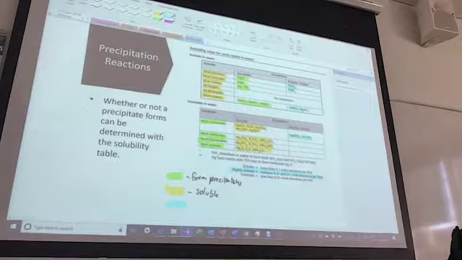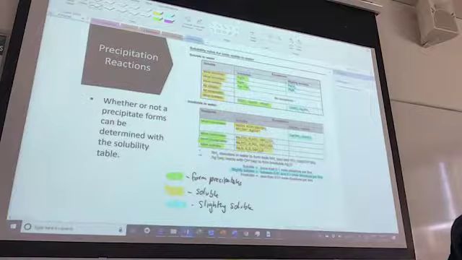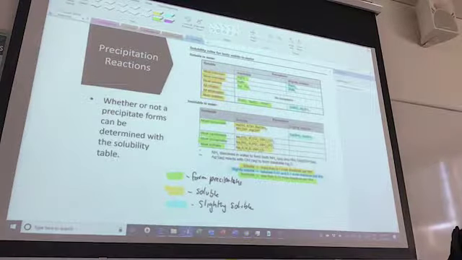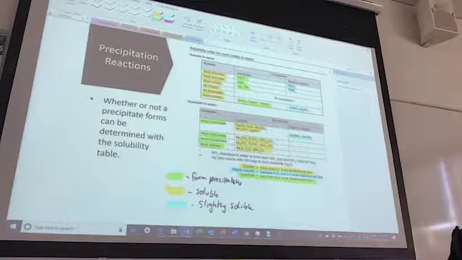So these ones are slightly soluble. And we discussed all of those yesterday. So they're the soluble ones and those green ones are insoluble. So we can use this table to predict what is going to happen when we mix two solutions together.